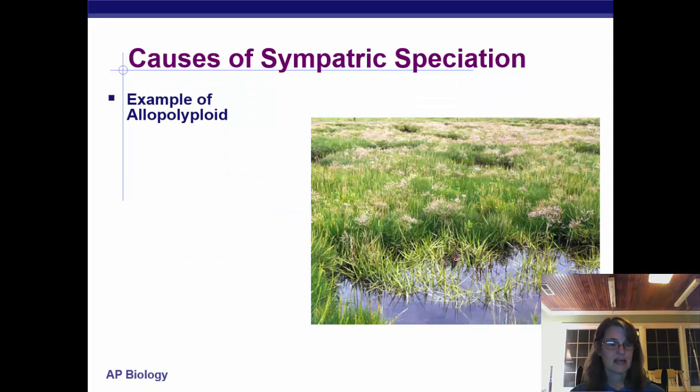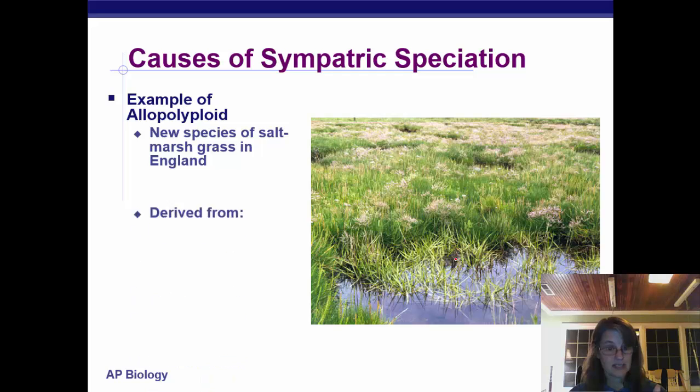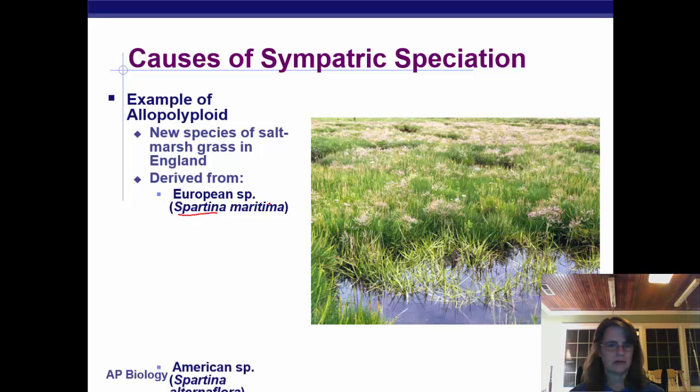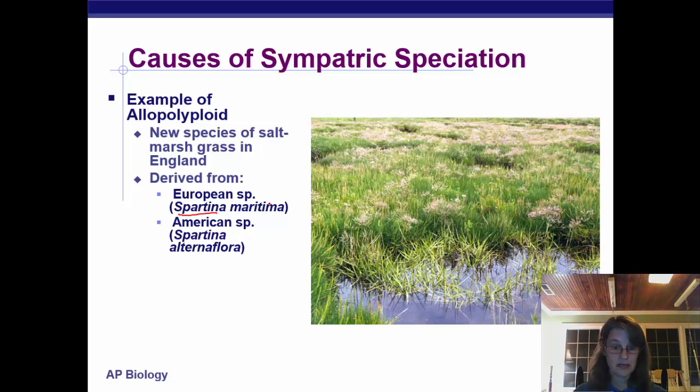Let's talk about an example. A great example of allopolyploidy is a species of salt marsh grass in England that is derived from a European species native to the area, called Spartina maritima, and an American species that we have right around here, down in the salty parts of the James River and the Chesapeake Bay.